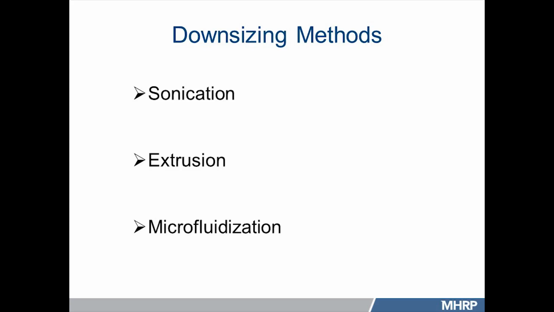For example, in sonication, you apply ultrasonic waves either through a probe sonicator or a bath sonicator, which breaks the MLVs to generate small unilamellar vesicles, generally of 50 to 60 nanometer size. But again, it depends on how much energy you are imparting to attain one kind of size of liposomes.